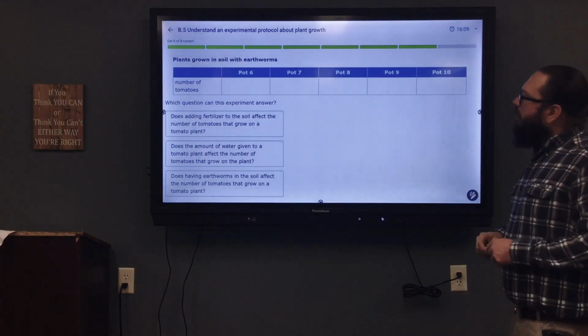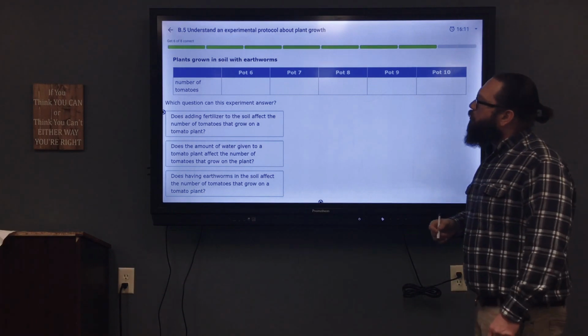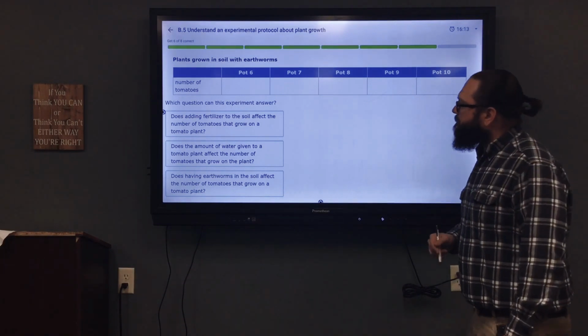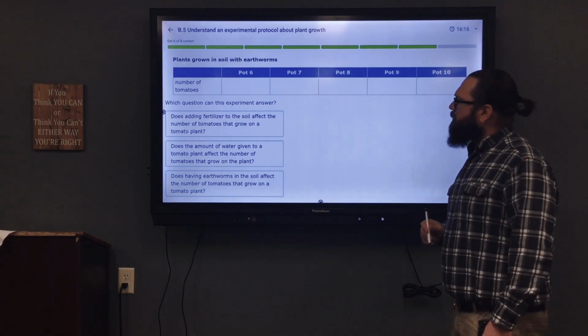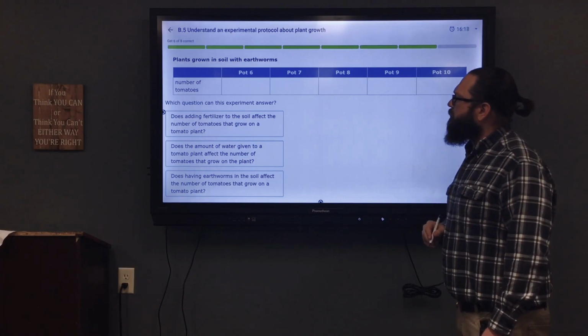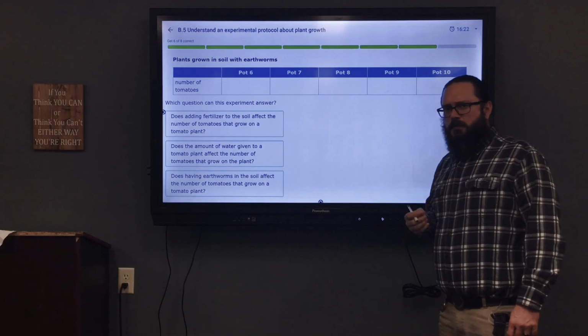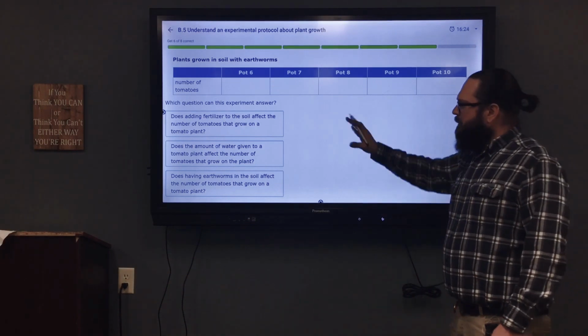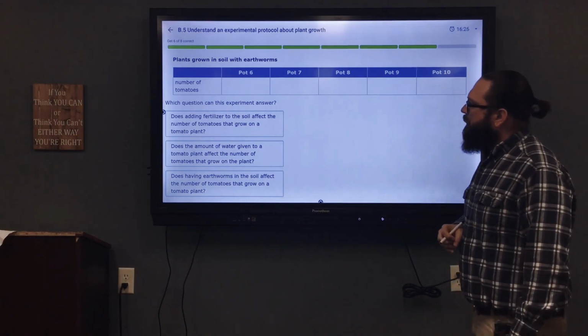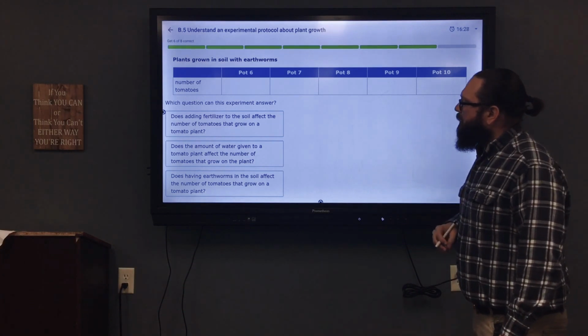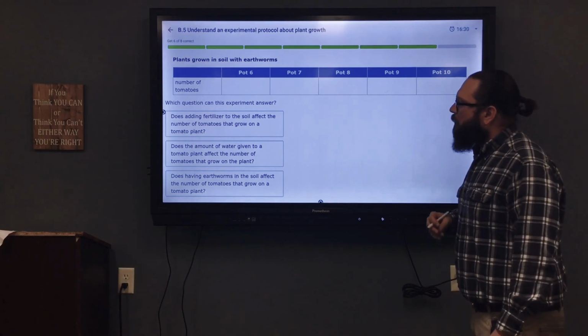And our final question, which question can this experiment answer? Does adding fertilizer to the soil affect the number of tomatoes that grow on a tomato plant? Are we testing anything with fertilizer? No. So we know that's not correct. Does the amount of water given to a tomato plant affect the number of tomatoes that grow on the plant?